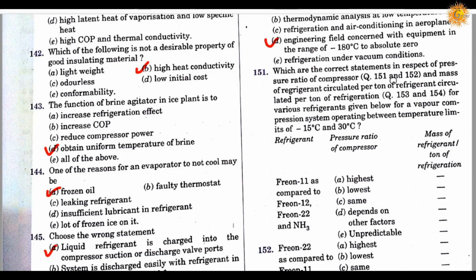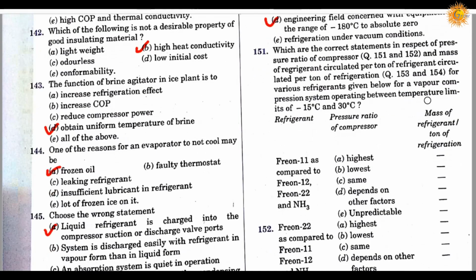Question 151 and question 152 concern the mass of refrigerant circulated per ton of refrigeration. Questions 153 and 154: for various refrigerants given below, for a vapor compression system operating between temperature limits of minus 15 degrees centigrade and 30 degrees centigrade, you have to find the correct statement.